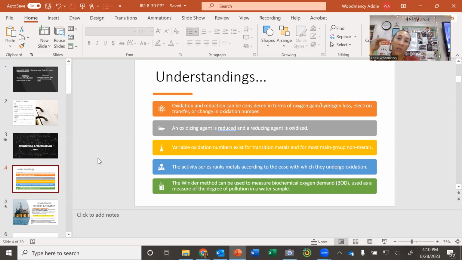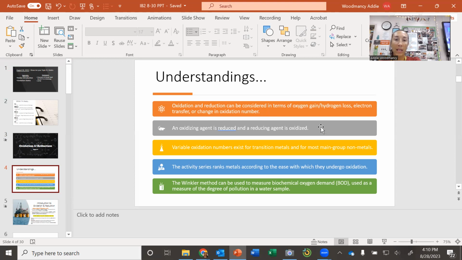We've changed the definition of oxidation and reduction to not include oxygen because not every process has to have oxygen involved. So we broadened that definition to include not only oxygen gain or oxygen loss, but the transfer of electrons and what's happening with those electrons, which in turn changes what's called the oxidation number.